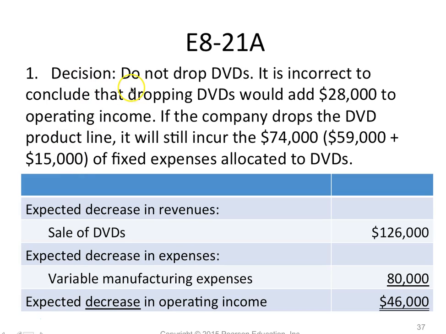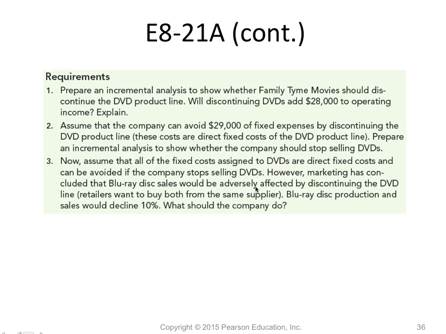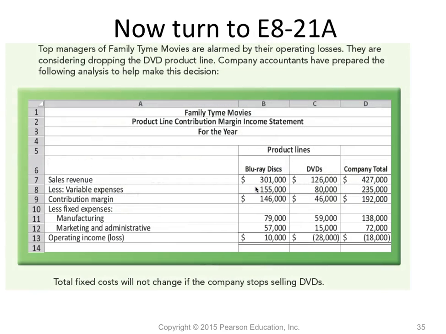So first one, do not drop DVDs. It's incorrect to conclude that dropping DVDs would add $28,000 to operating income. So if we drop that, are we going to add $28,000 in here? If we add here, we become 10,000.